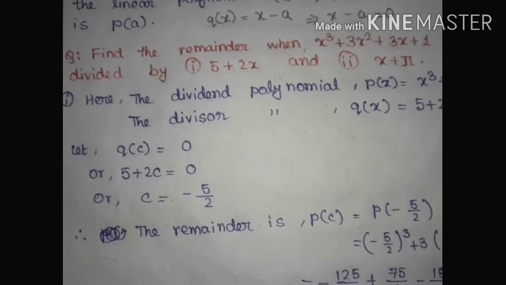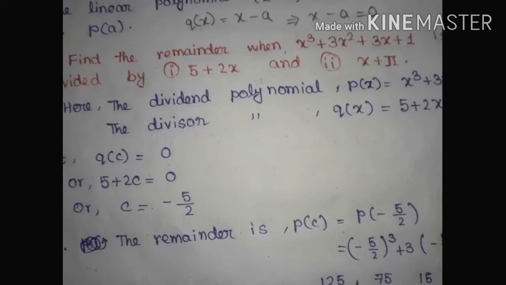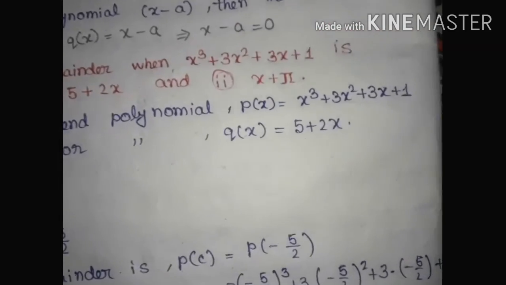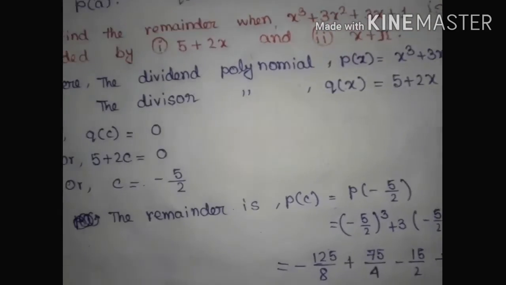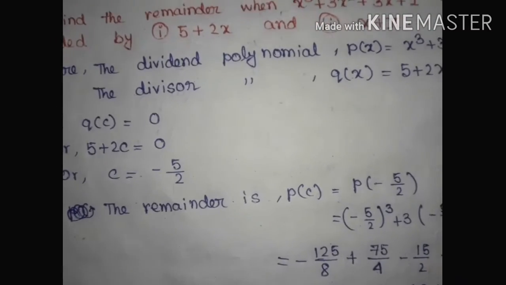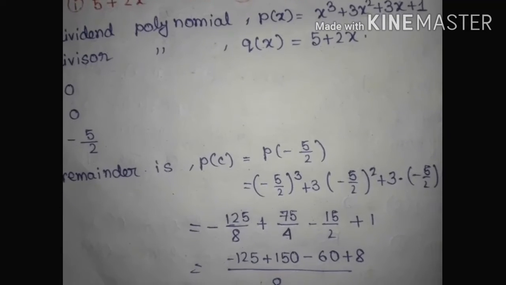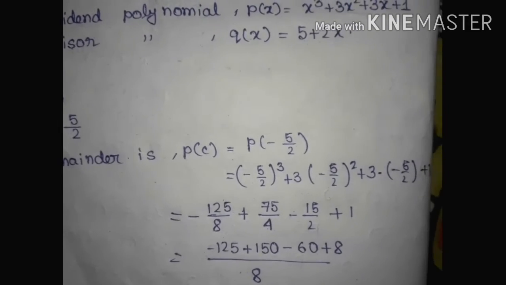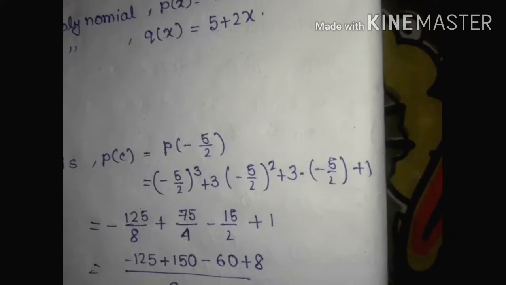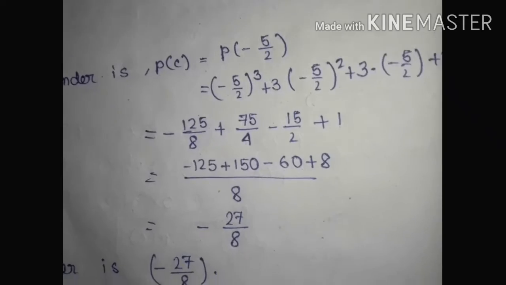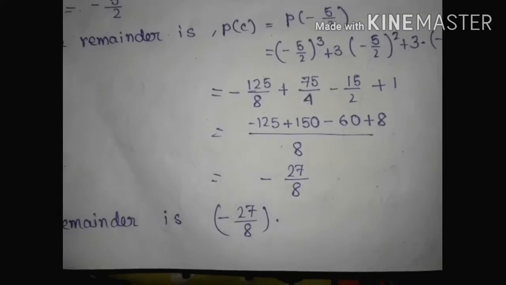Let c be the 0 of the polynomial qx, then qc equals 0. That means 5 plus 2c equals 0, so c equals minus 5 by 2. Then the remainder is Pc, that means p of minus 5 by 2, which is minus 5 by 2 whole cube plus 3 into minus 5 by 2 whole square plus 3 into minus 5 by 2 plus 1. We calculate the expression and the answer is minus 27 by 2.